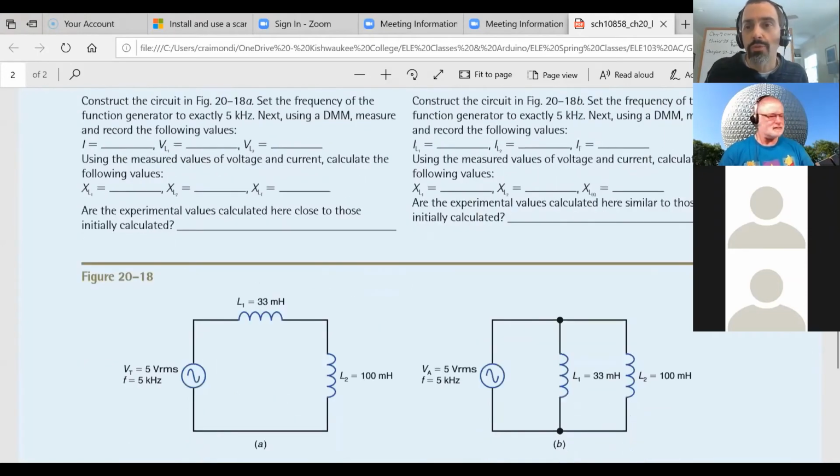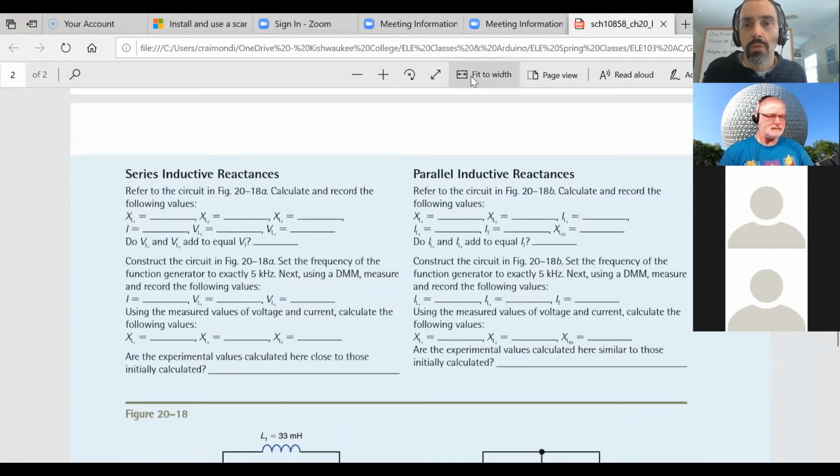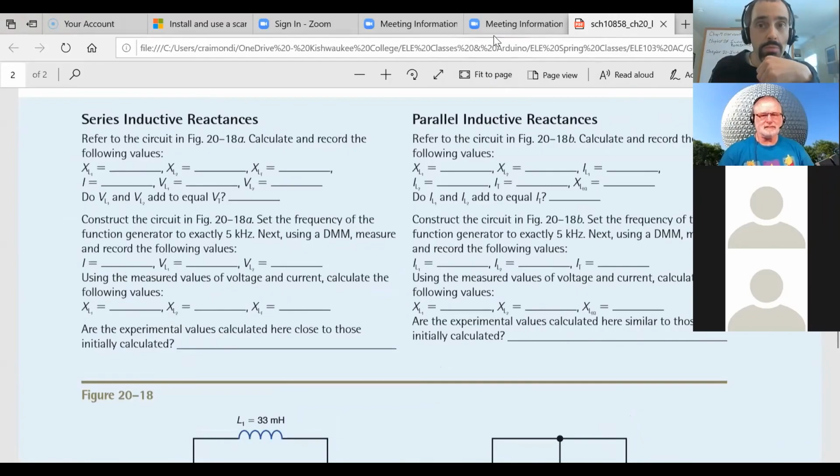I'm going to see if I can go full screen on this. That didn't go the way I wanted. I was hoping to go full screen on it. Let me see if I can go full screen. I'm going back. Okay. Share again. Let's try this one last time. PDF.